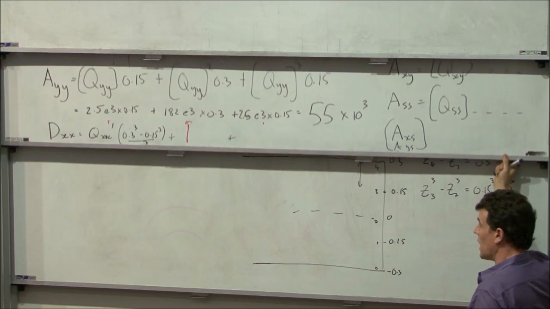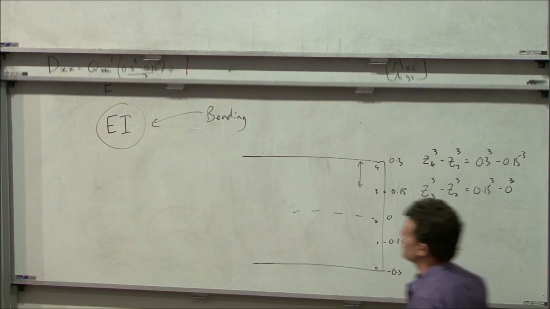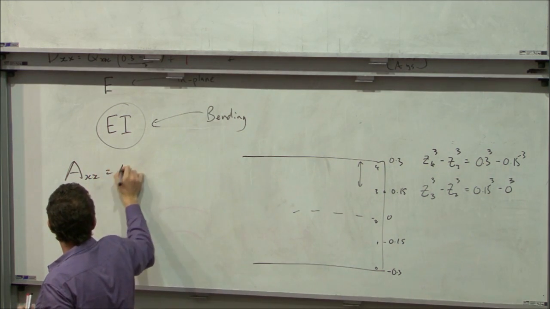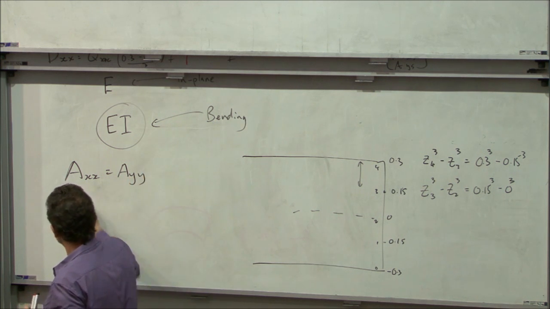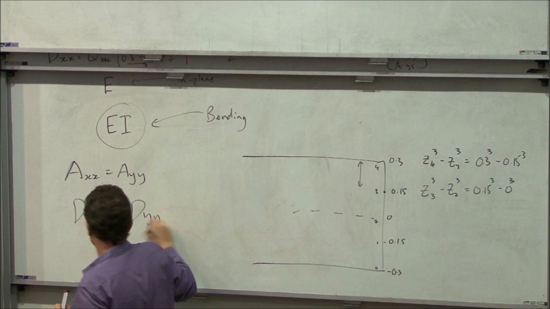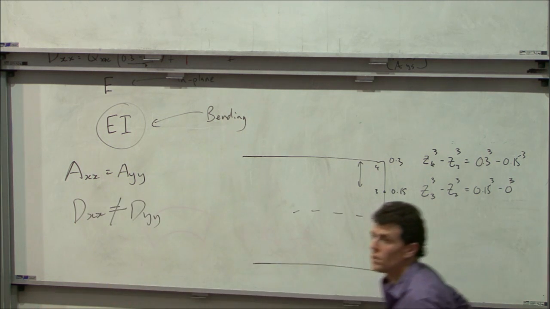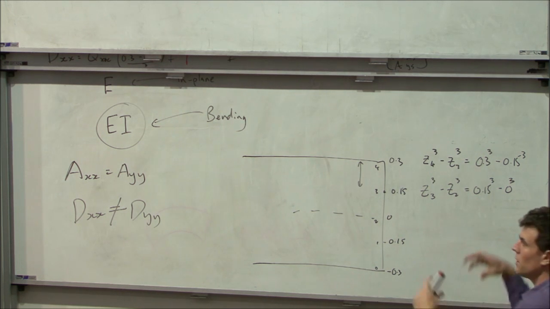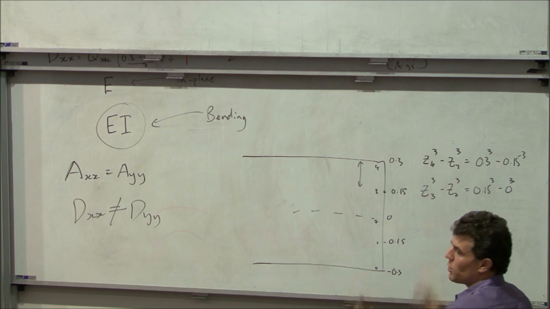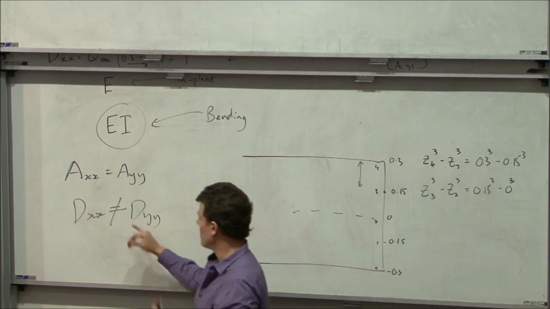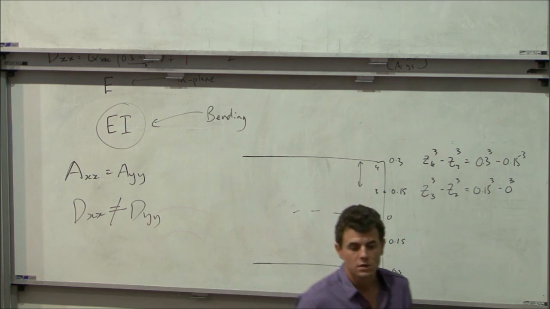But the effect that it'll have in this case is that A_xx equals A_yy, but D_xx does not equal D_yy, because there's zeros on the outside and 90s in the middle. So if we bend it around, if we put a bending moment on the X face, it'll be much stiffer than if we put a bending moment on the Y face.